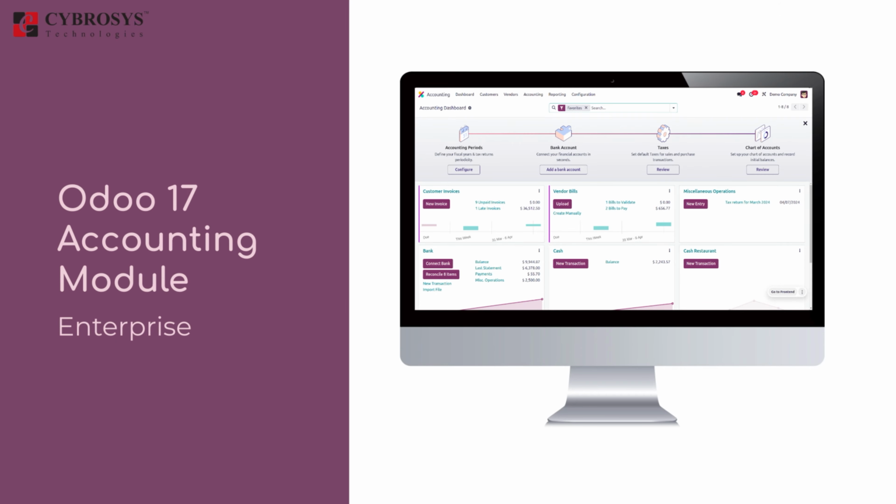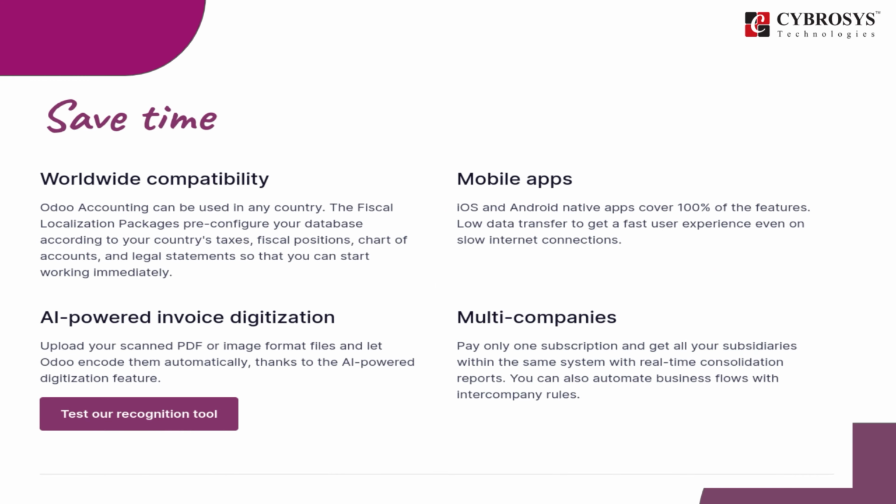Now we'll look into the features of the accounting module. So, some points regarding saving time on recording the transactions. First one is worldwide compatibility. Odoo accounting can be used in any country. Like, there are fiscal localization packages available.